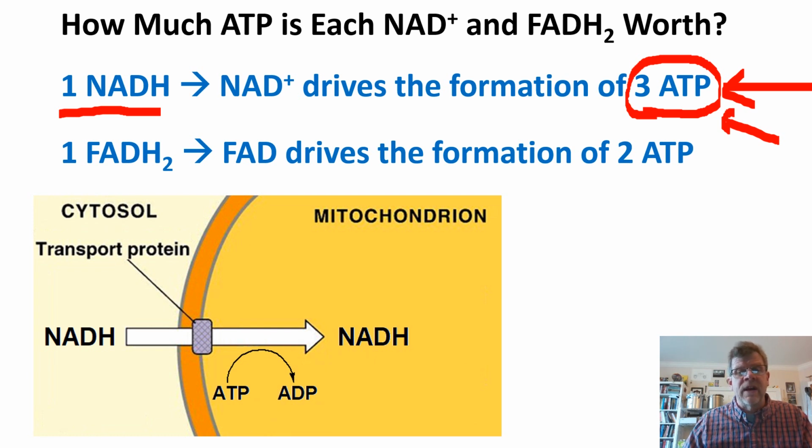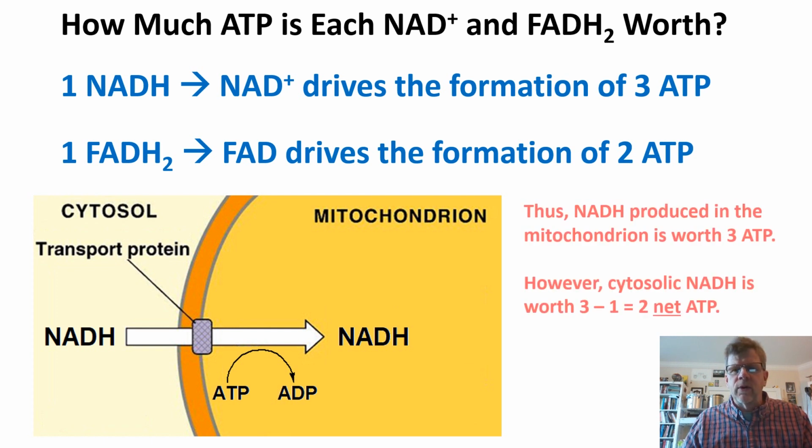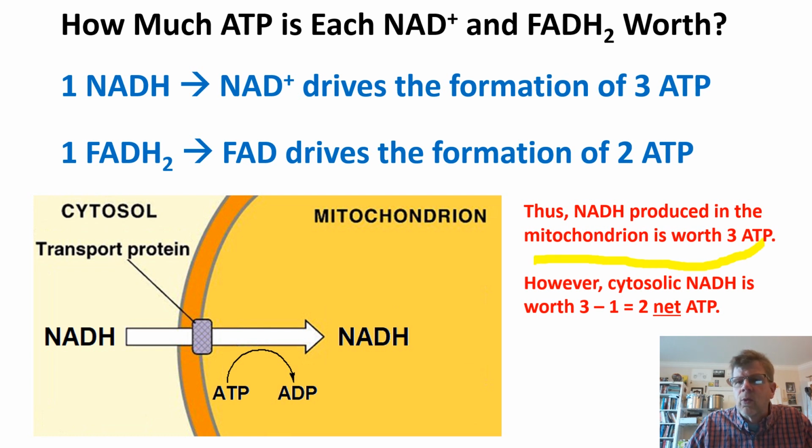So that's ultimately, so we can now specify different types of NADH when we're trying to come up with a rendering of how many ATP are produced from one molecule of glucose. NADH produced in the mitochondrion is worth a net of 3 ATP.